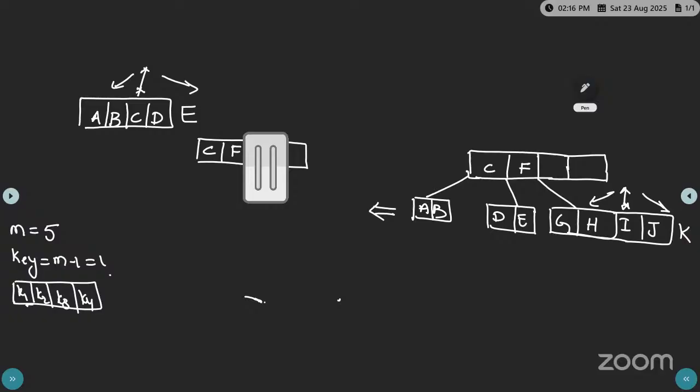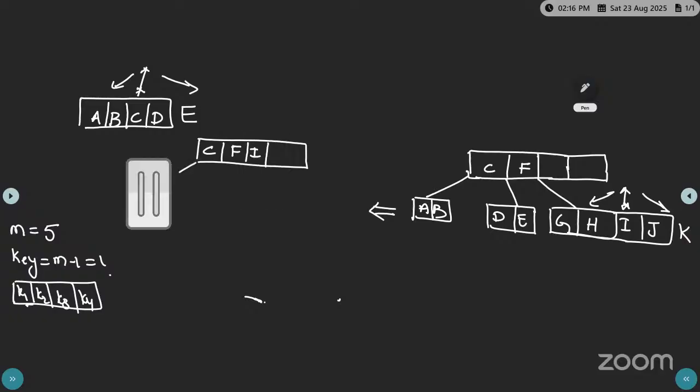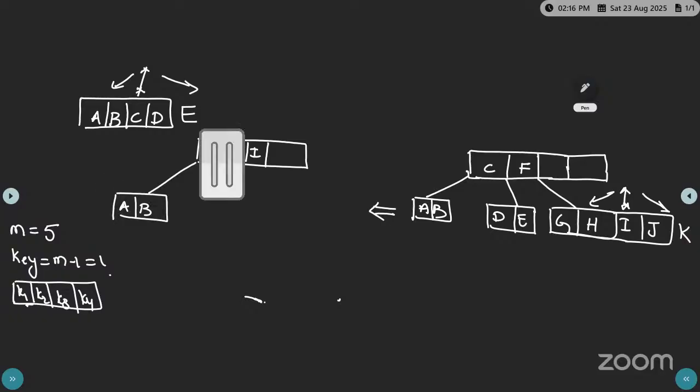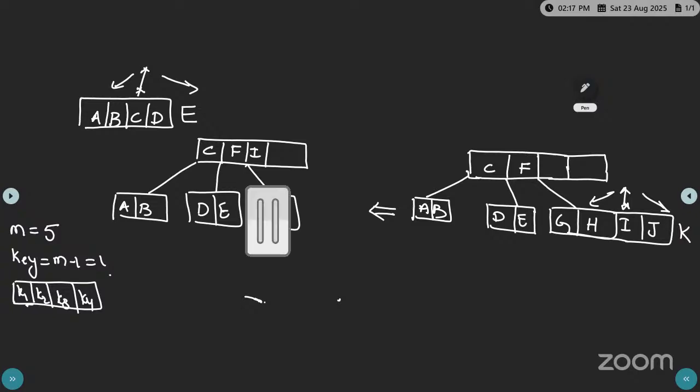Yes, correct? And to the left of C is AB, to the right of C is DE. And to the right of F is GH. You are divided now.